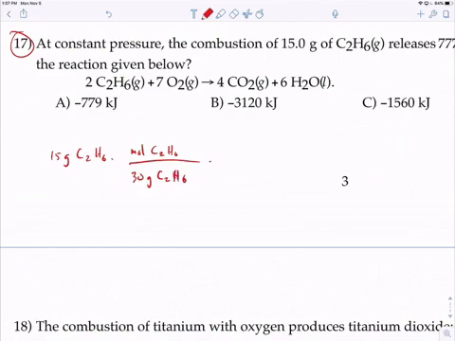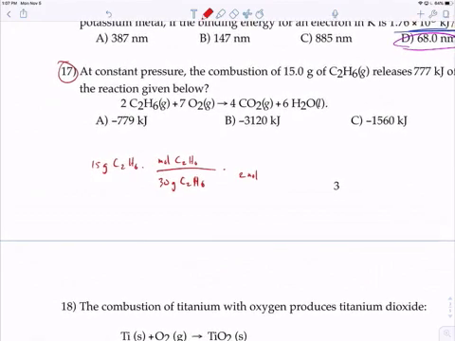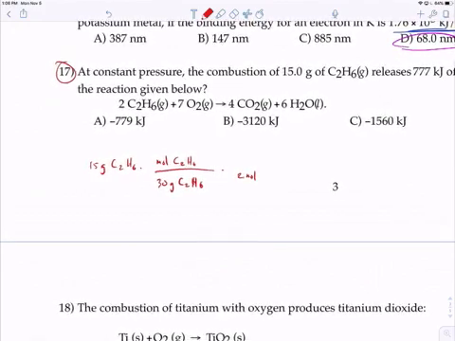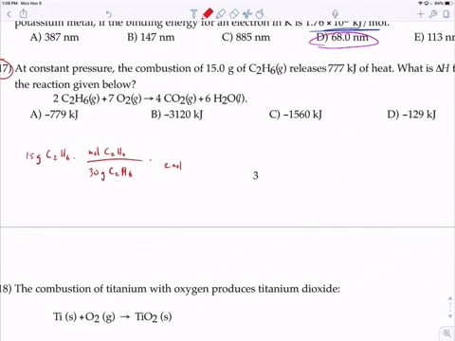Times 2, I'm getting the right units, so no, I'm doing this wrong. Okay, I am doing this wrong. It's just like we did in lab today.